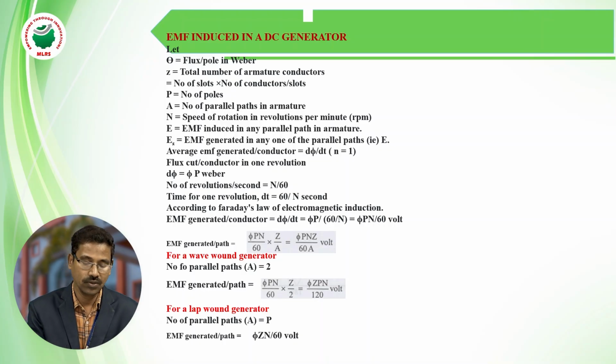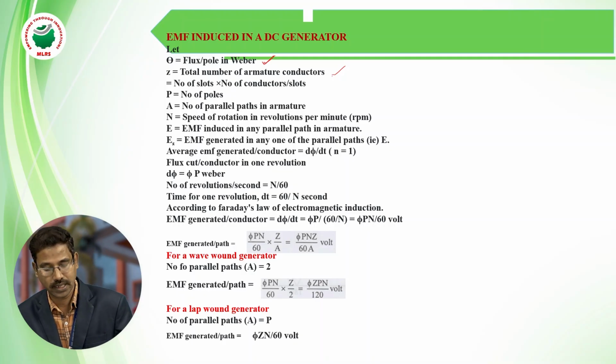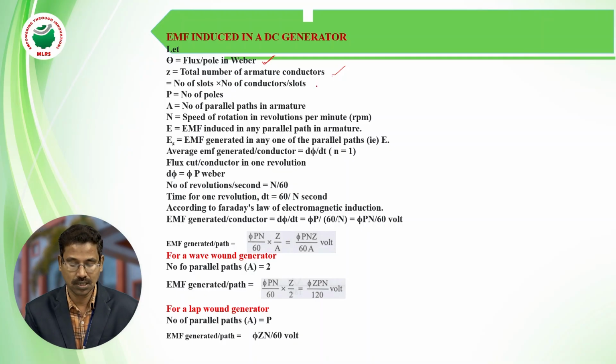Phi is the flux per pole, which is measured in Webers, and Z denotes the number of armature conductors, which is the number of conductors per slot times the number of slots. By that, we get the total number of armature conductors. P indicates the number of poles, A is the number of parallel paths, and N is the speed of the armature.